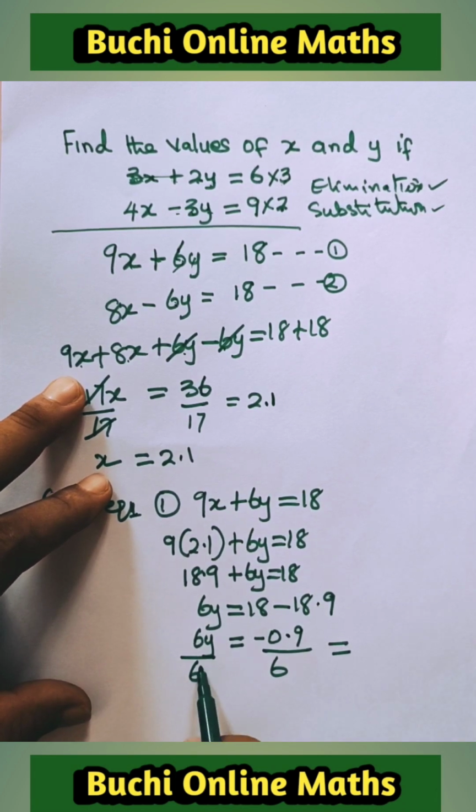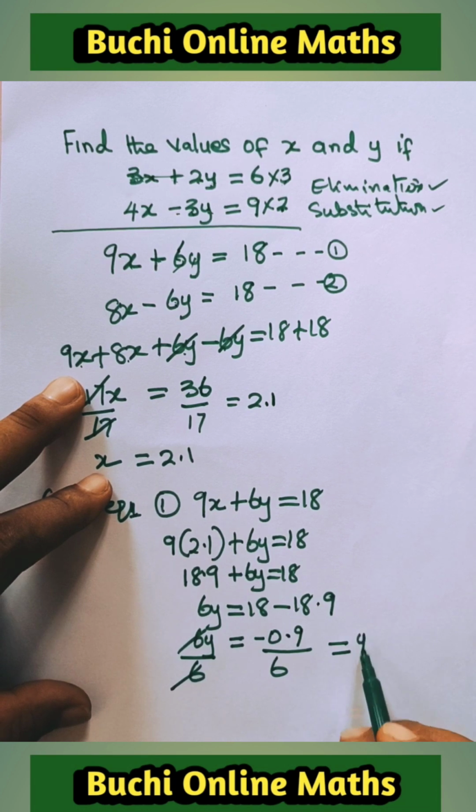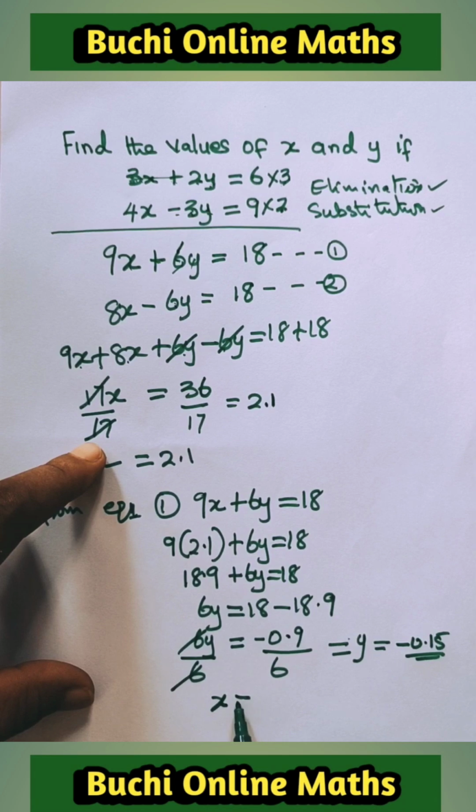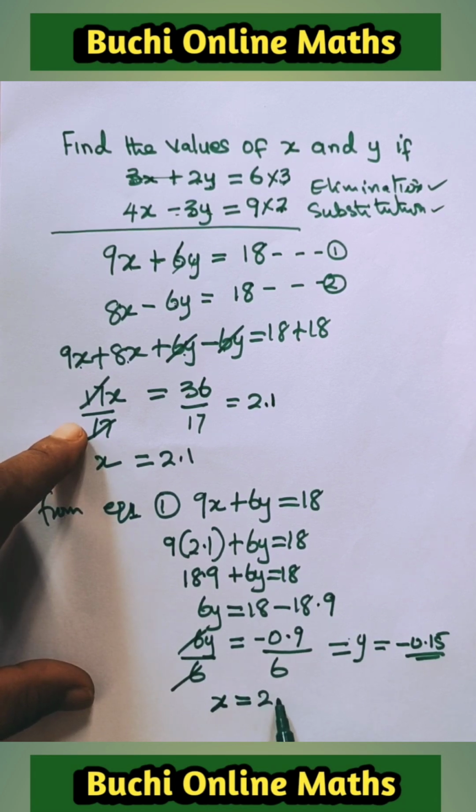When you divide both sides by 6, 6 will divide 6 to give you y. Then y equals minus 0.15. Therefore, the value of x is 2.1 and the value of y is minus 0.15.